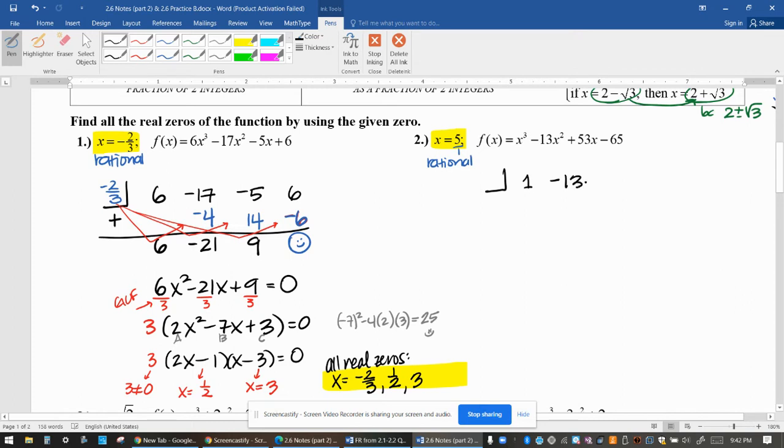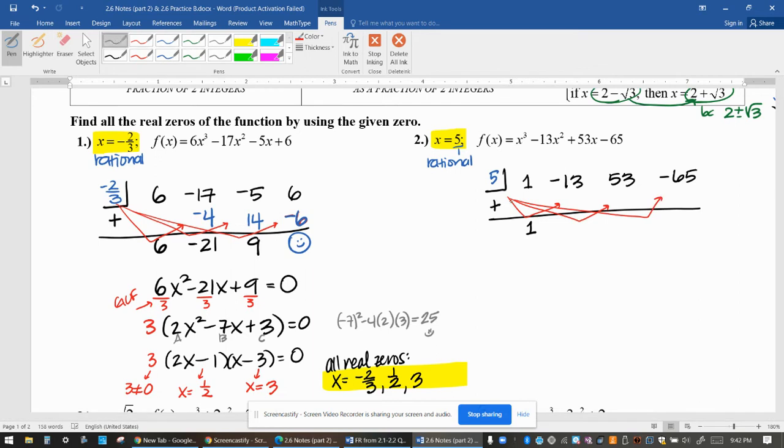Pay attention and make sure that you're not missing any terms. Put your zero in the box, and then start your process. Bring the first coefficient down, then multiply, add, multiply, add, multiply, add.